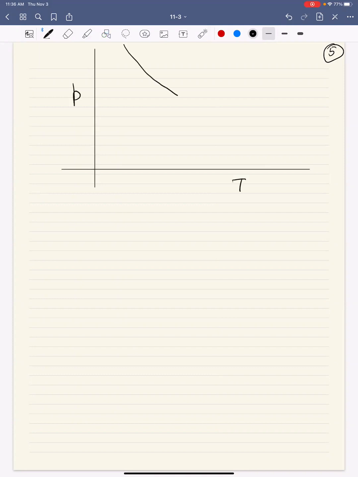You have a negative sloping curve, a curve over here, and a curve over here. This is the critical point. This in the middle is the triple point. This is solid. This is liquid. This is vapor. In a little bit, after we go through the ice skating example, we will get more intuition into why these three curves are sloped the way they are.